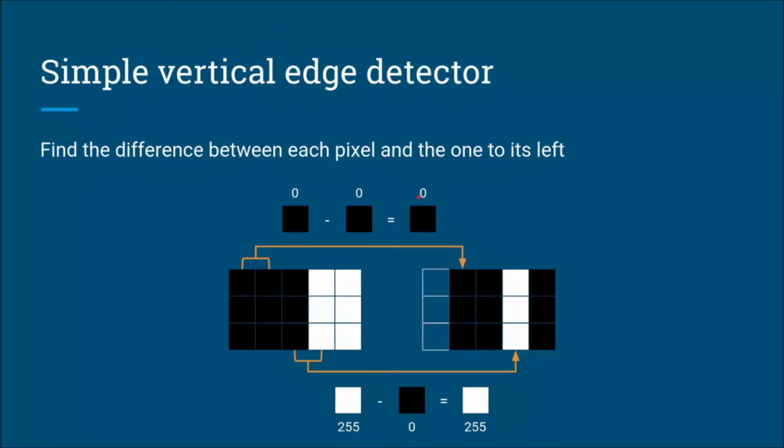So far, so good. Here, we take the white one, it's 255. We've got a black one next to it, subtract 0, and you end up with 255. And as if by magic, what you end up with in the output image is a nice bright white line where the edge is and everywhere else is black. And that's all you need to detect a vertical edge.